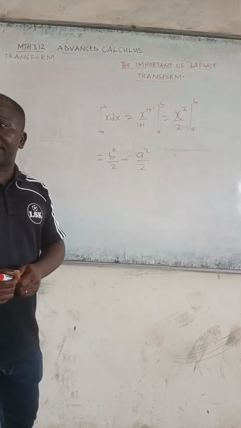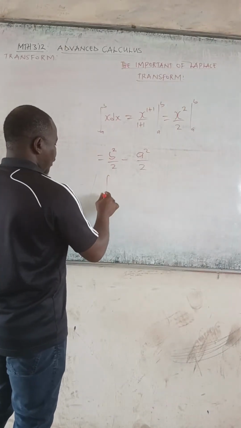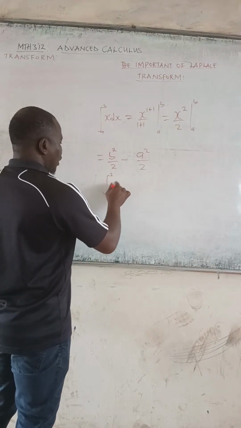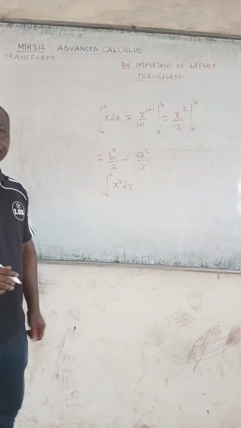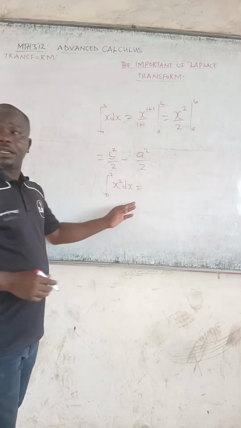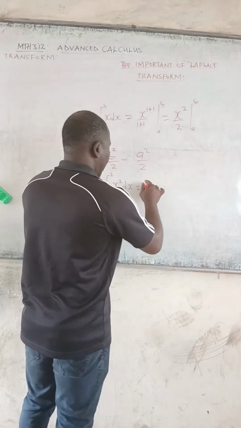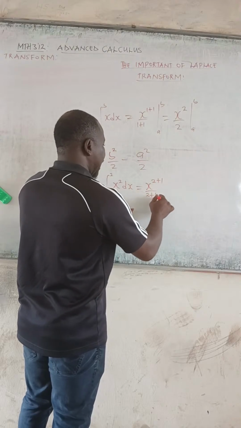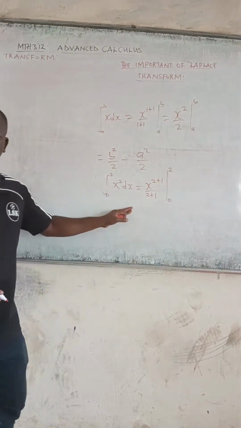So now let us fix the idea with one example again. Assuming you are asked to evaluate the integral from 0 to 2 of x squared dx. This is the same thing as x raised to power 2 plus 1 all over 2 plus 1, at 0 to 2.